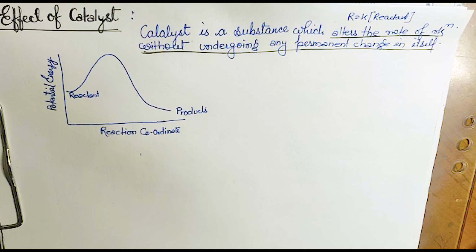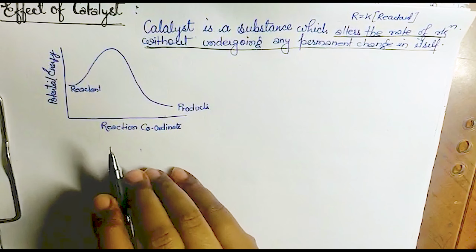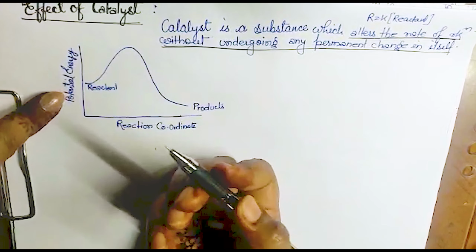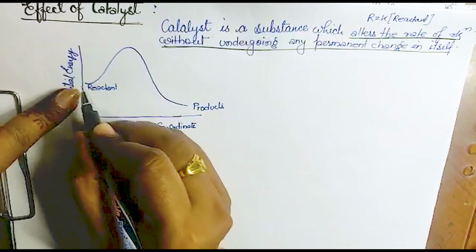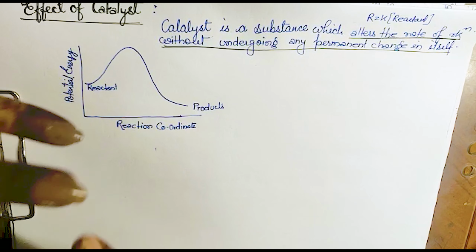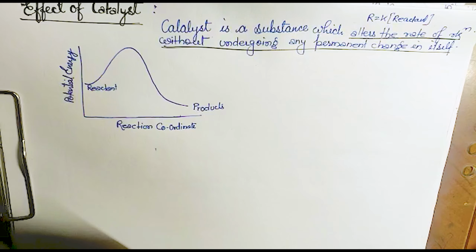So how does it work? If we plot a graph between potential energy and the reaction coordinate, suppose this is the reactant and the product. This is the path by which the reactant is going to convert into product, and it is assumed that the catalyst gives an alternative path to convert the reactant into the product.